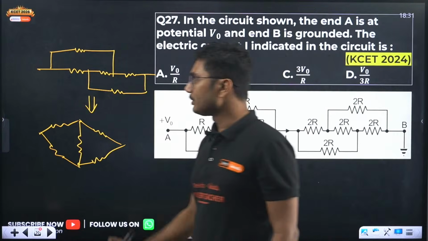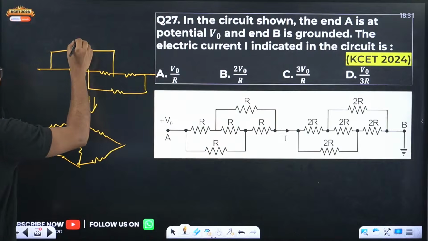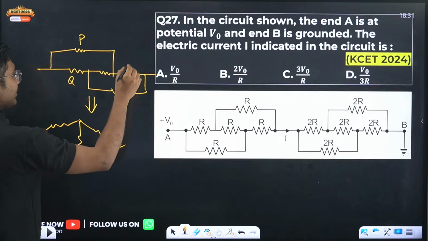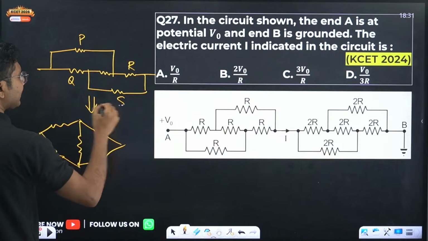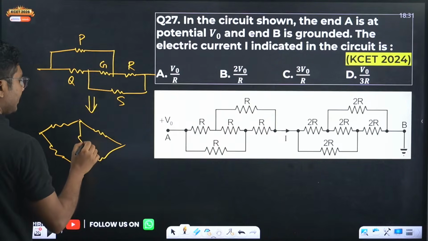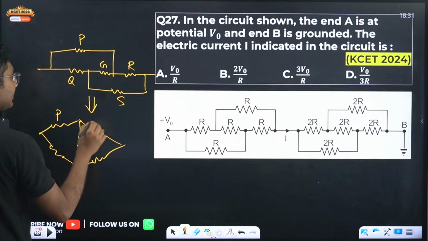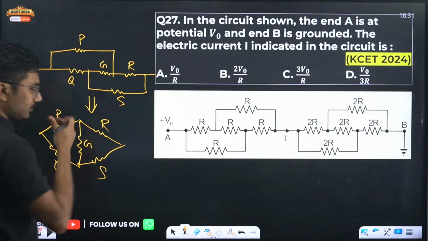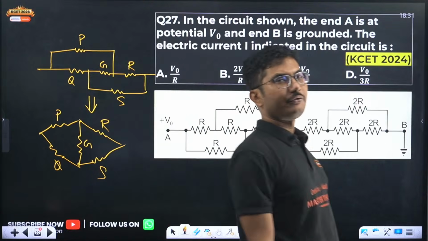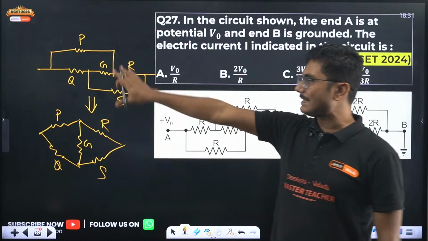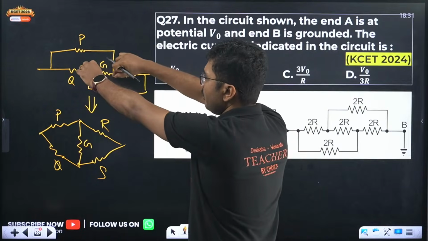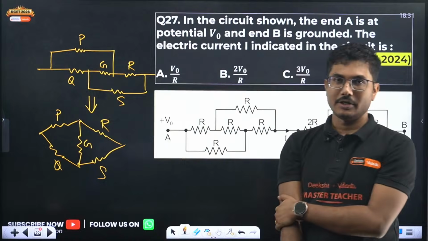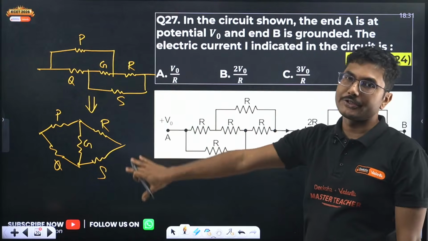Suppose this is P, this will be Q, this will be R, this will be S, and this is our galvanometer G. This is the equivalent circuit. Any circuit drawn like this, you just need to redraw like this, then you will get this structure. So this is a Wheatstone bridge structure.